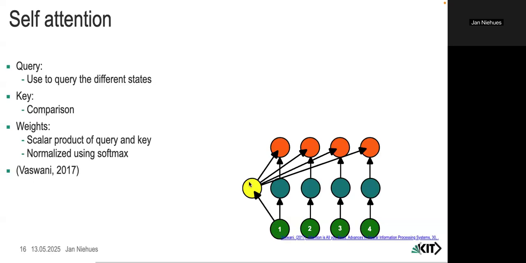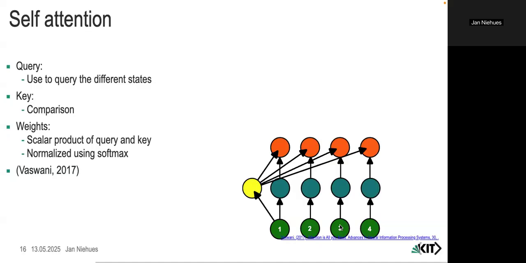Then we are using the first position as our query. So in yellow here we have the query. So we are using this one as our query. Then for each position, we also have the keys. So the sequence is also the keys that we're having. You already get the idea of self-attention. The self is we're attending to ourselves.